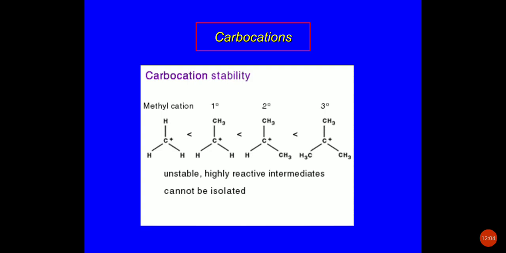Then (CH3)3C+, that is tertiary. These are the intermediate carbocations that we get during the SN1 reaction. So here also we can check the order of carbocation stability. Here methyl cation is least reactive because it has no hyperconjugative structure.